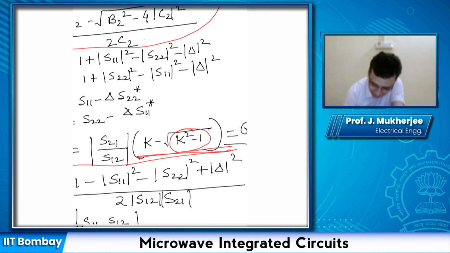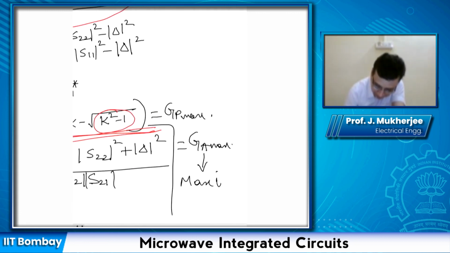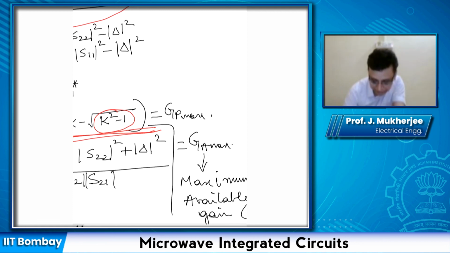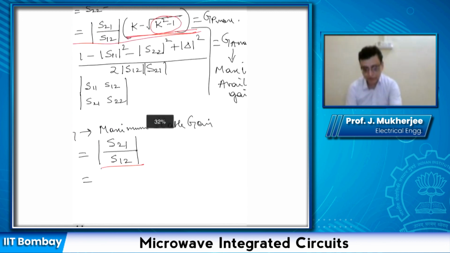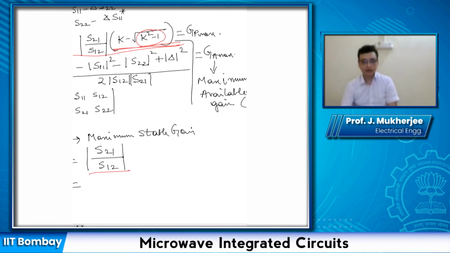and is equal to GA max. That's why this quantity is also called maximum available gain, or MAG. Now both this MAG and MSG are important parameters for any microwave transistor. In the data sheet for any of these transistors, you will find these values given.